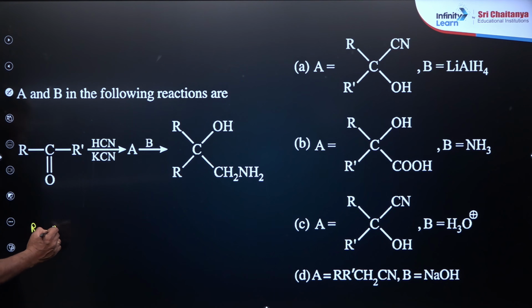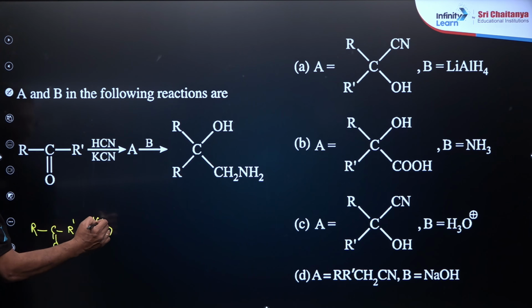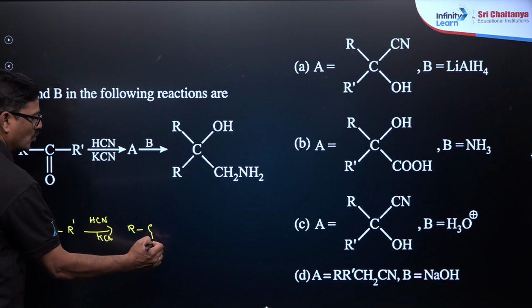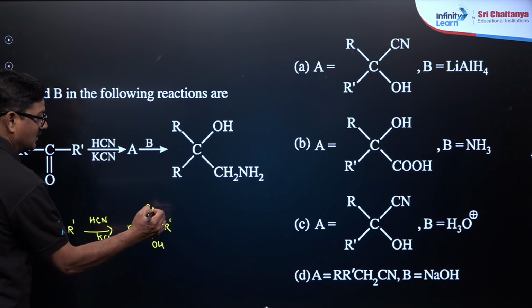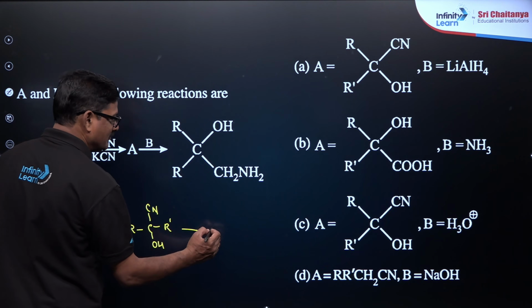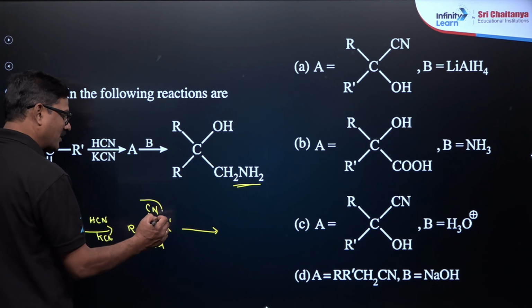R-C double bond O-R dash. If you add HCN in the presence of KCN, you are going to get R-C(OH)(R dash)-CN, and then you need a reduction. To make this, you have to reduce it like this.